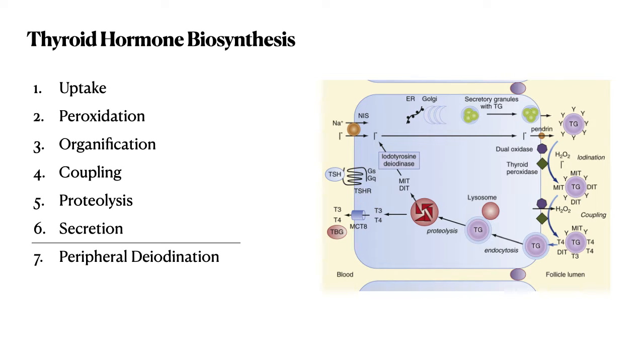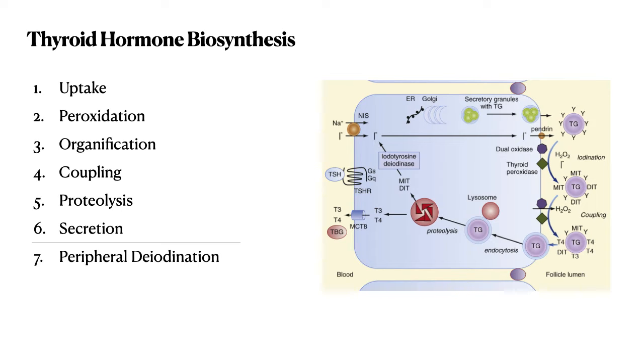So the next step would be to take up these thyroglobulin residues and hydrolyze them. Basically, the thyroid follicular cell will digest the thyroglobulin molecule, proteolysing it, and release the end hormones, which are T3 and T4.